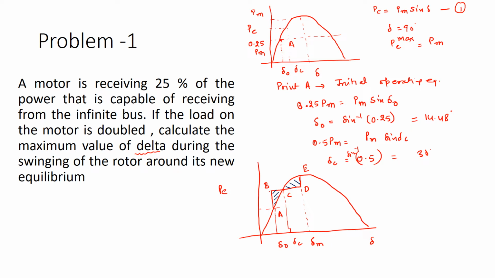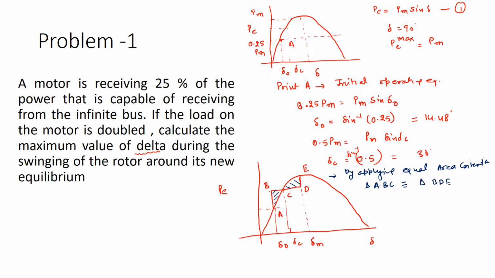So by applying the equal area criteria, area ABC will be equal to area BDE.